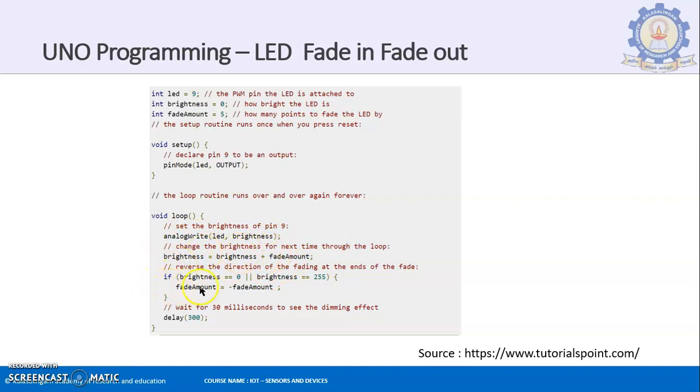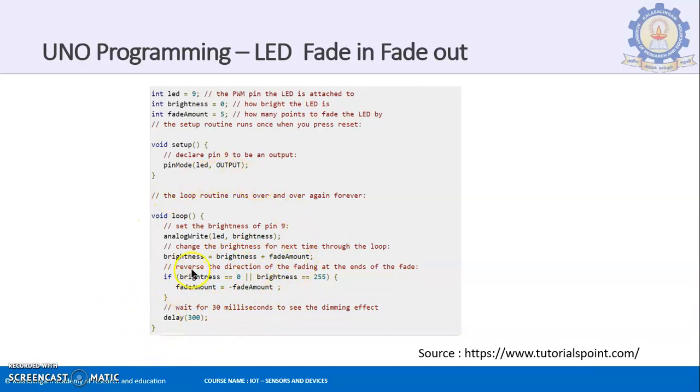If the value of my brightness is equal to 0 or the particular value brightness is equal to 255, what am I going to do? Fade amount is equal to minus fade amount over there. So which means that this is going to keep on going into a particular loop over here.